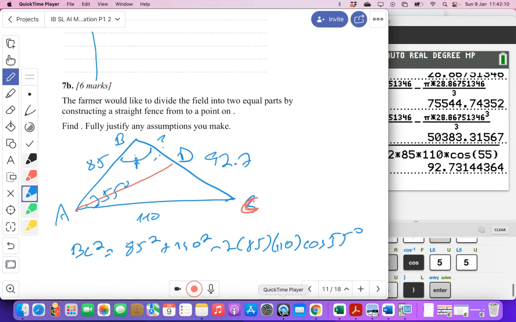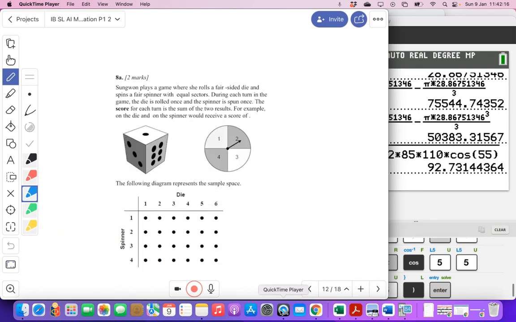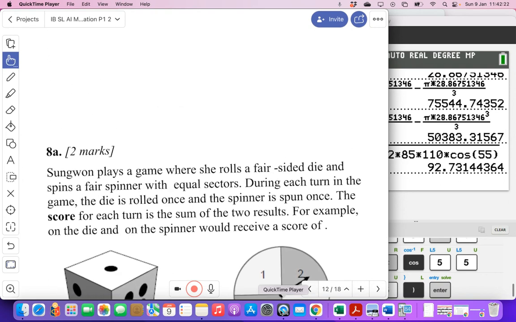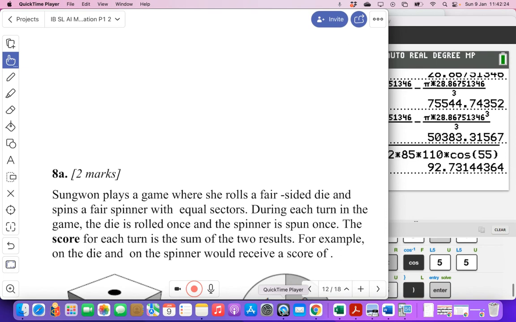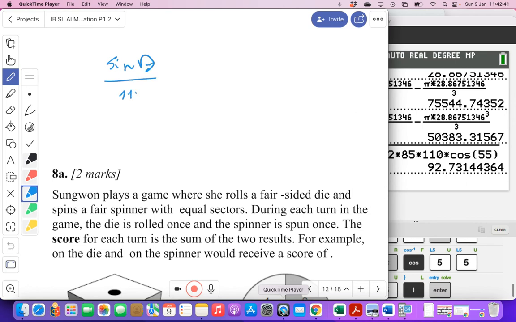So now I can use the sine rule if I have some room up here. So I did sine of B, the angle B, divided by the opposite length from that, which was 110, is equal to the sine of 55 divided by the opposite length, which it just calculated as 92.7 approximately.